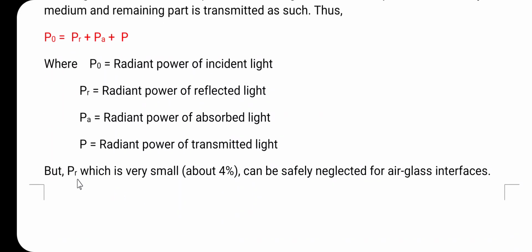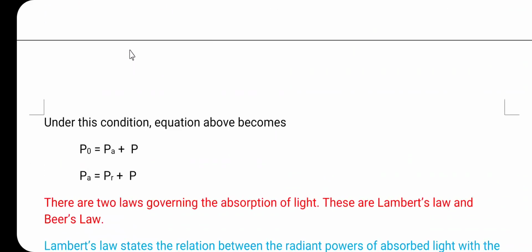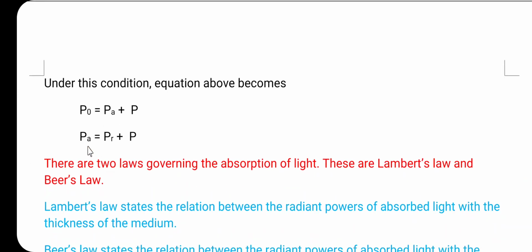The radiant power of the reflected light is very small, about 4%. So this PR can be safely neglected for air-glass interfaces. This equation can then be written as P0 is equal to PA plus P.